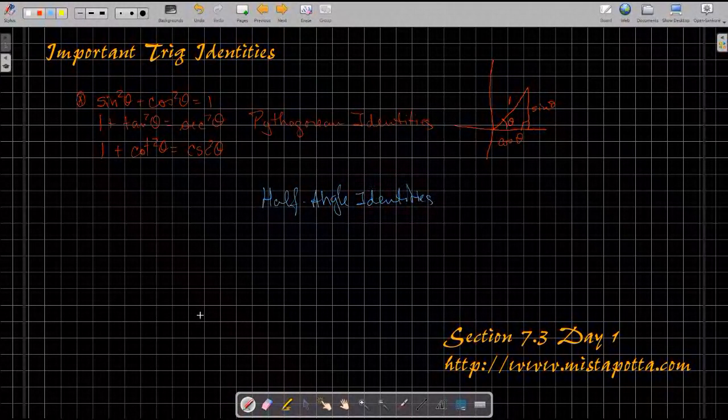And the half-angle identities that we're going to be using extensively is the idea that sine squared theta is equal to 1 minus the cosine of 2 theta over 2. Or cosine squared theta equals 1 plus the cosine of 2 theta, all divided by 2.